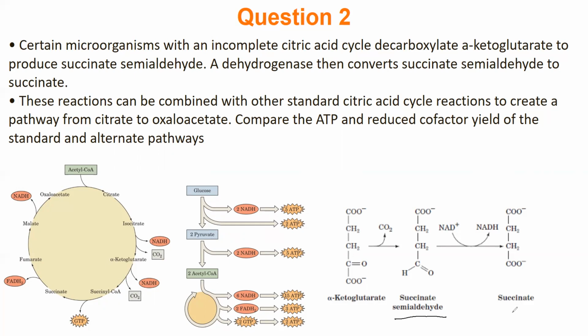And I guess another way to ask this is, in the way we just learned, what do we get out when we go the normal route of succinyl coenzyme A to succinate?